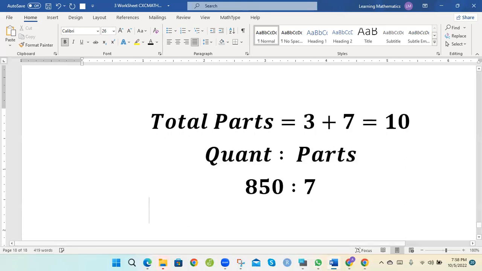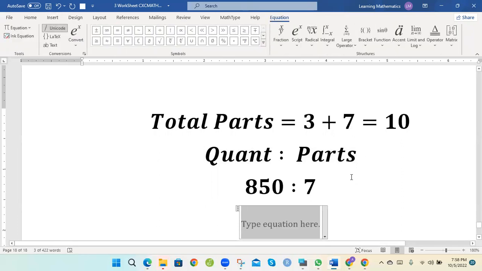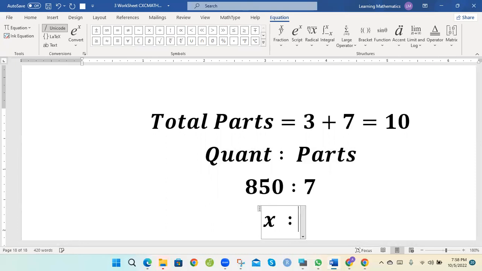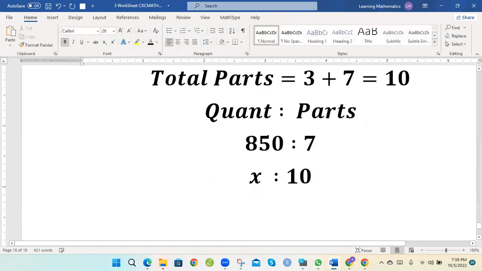Can we not make a ratio with a letter and a number? Here you have it: 10 and 7 on the parts, X and 850 on the quantity, and they are related to each other. So now alignment has happened.